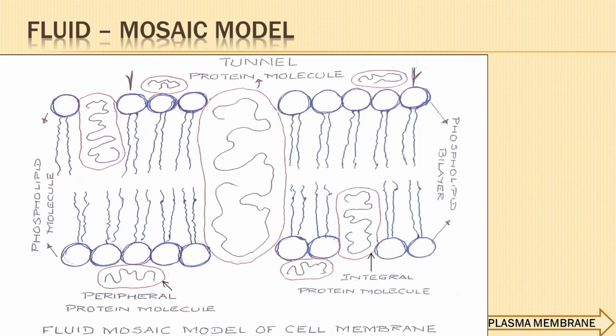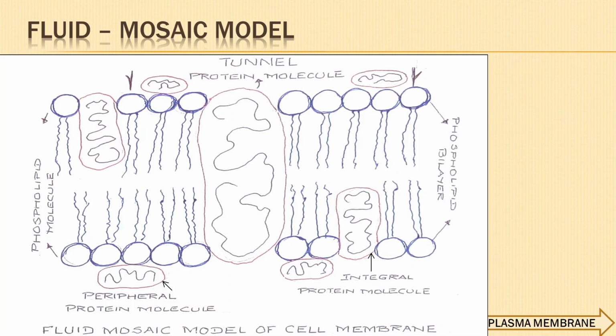Proteins are of two types: peripheral or extrinsic proteins, integral or intrinsic proteins. The peripheral proteins are loosely attached to the outer side of the cell membrane. The integral proteins are embedded in the phospholipid matrix.